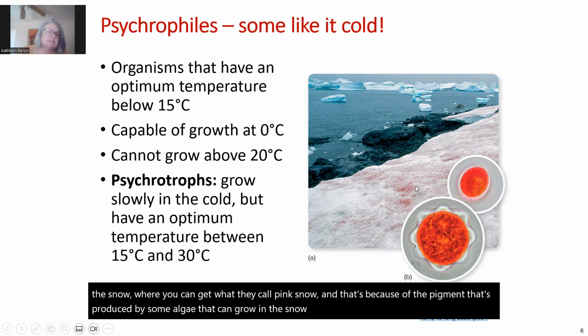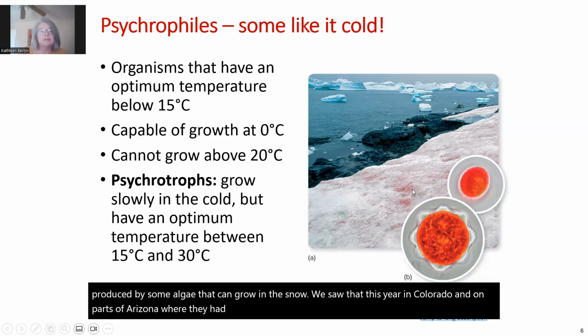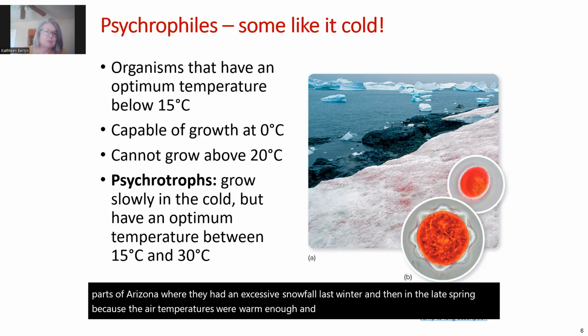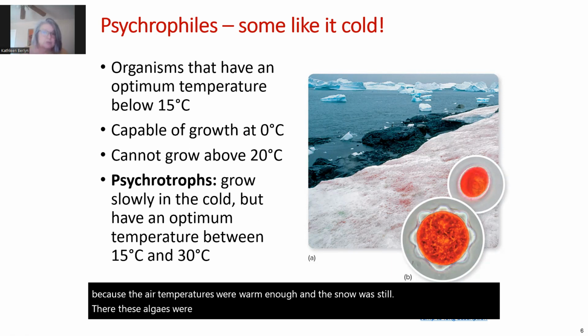We saw that this year in Colorado and parts of Arizona where they had an excessive snowfall last winter. And then in the late spring, because the air temperatures were warm enough and the snow was still there, these algae were able to grow out and you can turn it into pink snow, like you can see in this image here.